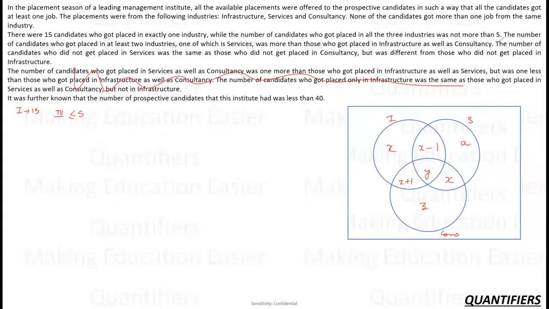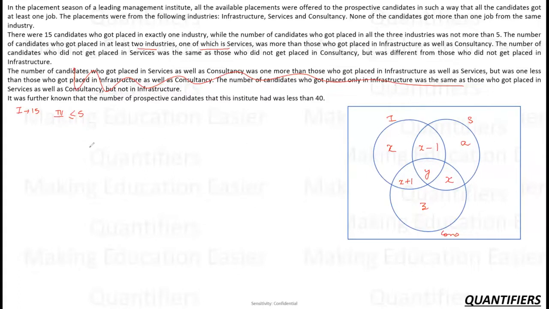Let's read out. The number of candidates who got placed in at least two industries, one of which was services. यानी कि we are talking about number of people who got placed in at least two, यानी कि this x minus 1 plus y plus these people. These are the people we are talking about.